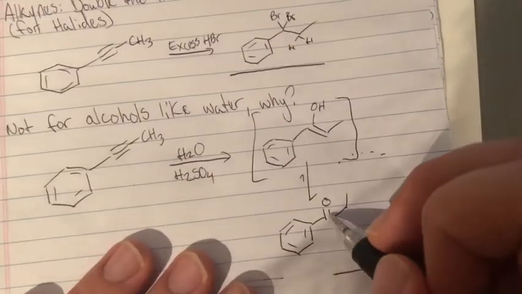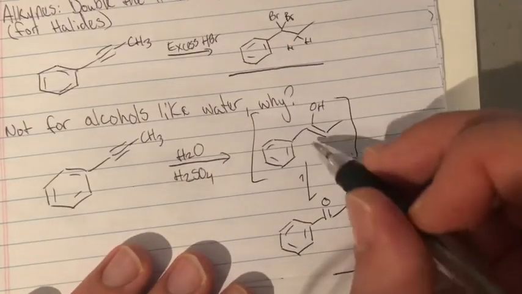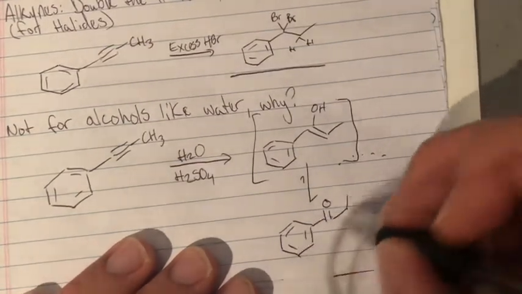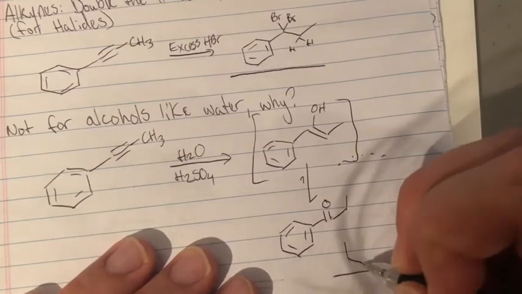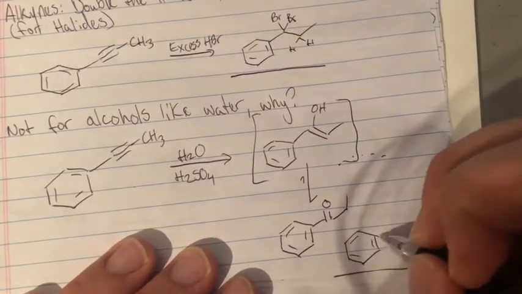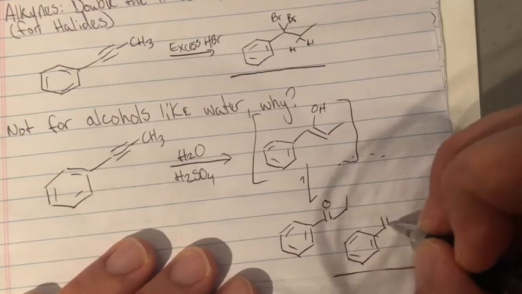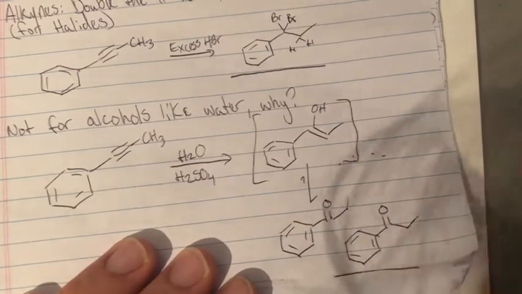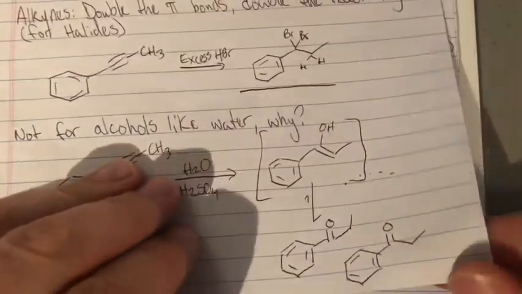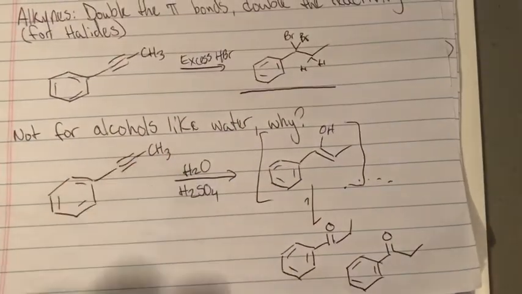But remember that the ketone is going to be a more stable form, so it's going to go in this direction. Let me redraw that because it looks super ugly. All right, here we go. There, that's what it looks like when it's sober. There we go. Okay, so moving on.